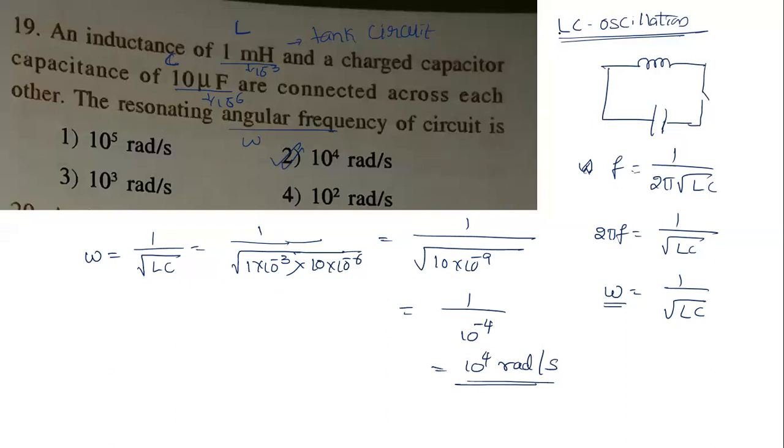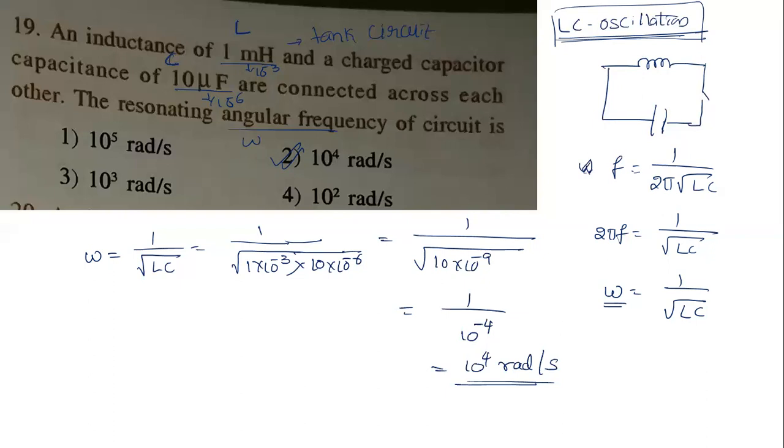So this is a question from which topic? LC oscillation. In LC oscillation, what else do we know? Energy is going to transfer from inductor to capacitor, and again back to the inductor, and this will continue. Of course some energy will be lost because of the resistance of the coils.